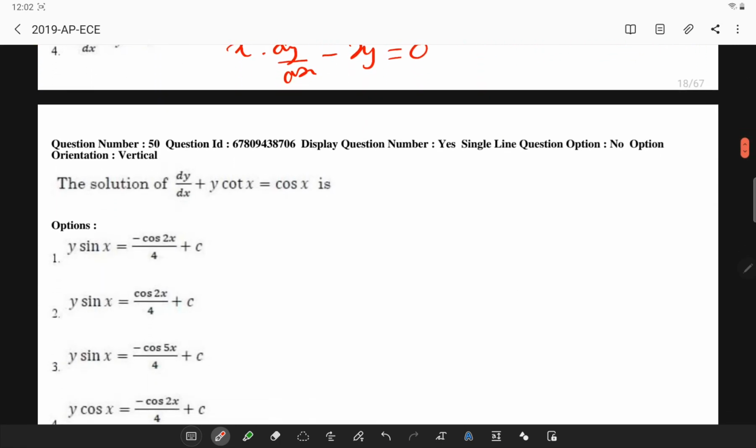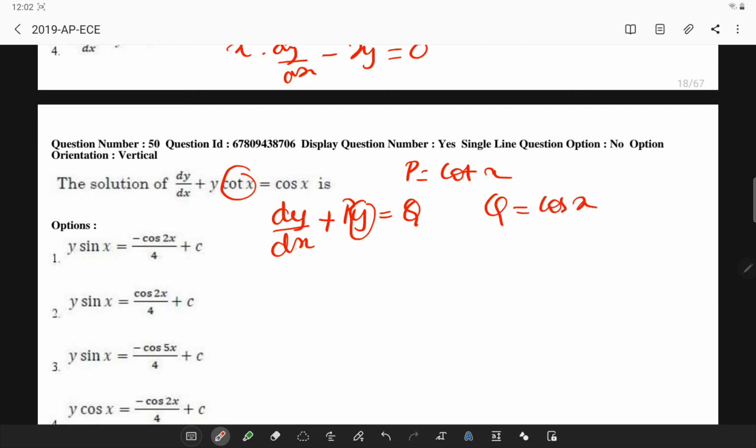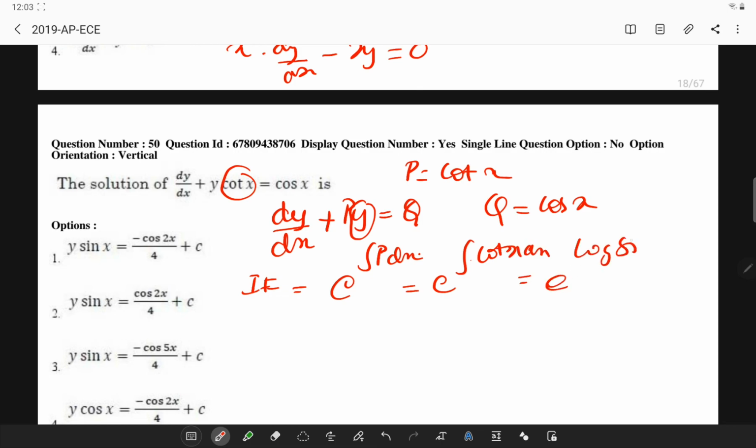So the last question. In this question, again you have to compare this with the original equation dy by dx plus py is equal to q. So here p is cot x, q is cos x. So the integrating factor is e power integral p dx, or e power integral cot x dx, which is e power log sin x.